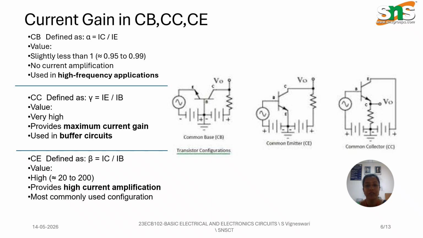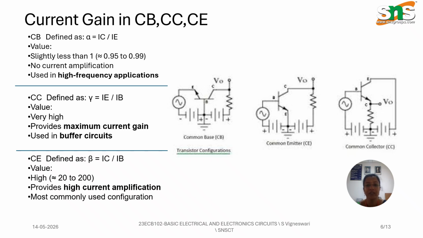In common emitter configuration, the value beta is given by IC divided by IB, and its value is high, generally between 20 and 200. Since a small base current controls a larger collector current, common emitter configuration provides excellent current amplification. That is why CE is commonly used for amplifying applications.